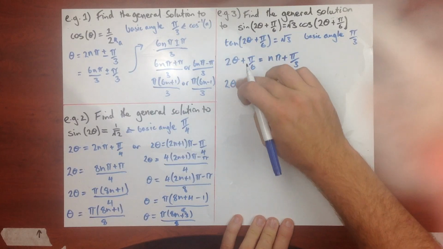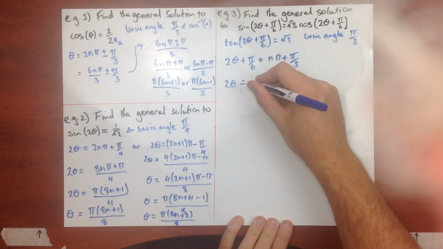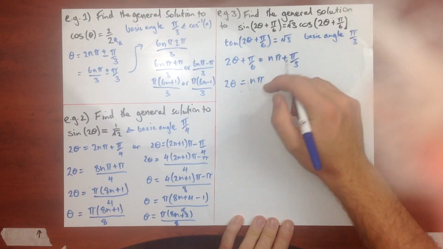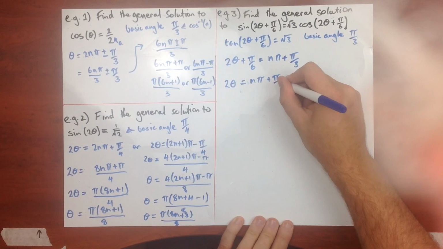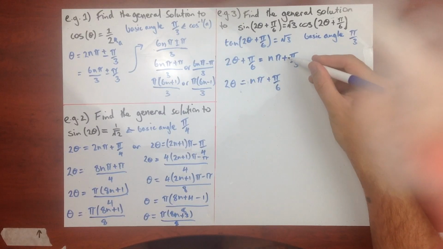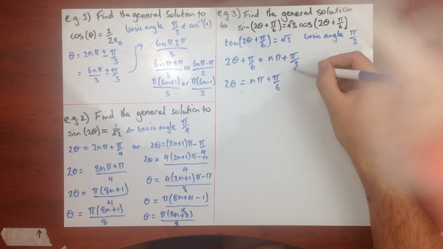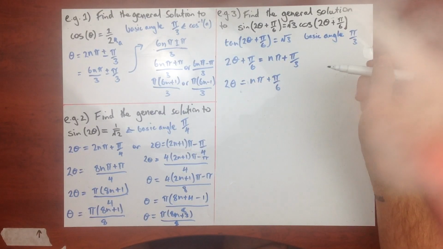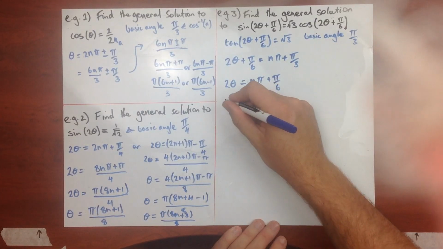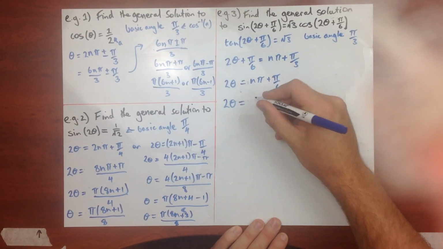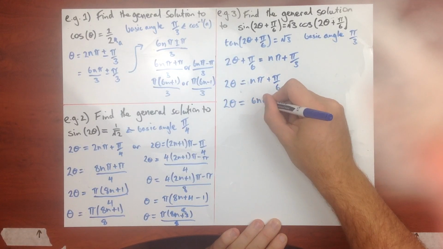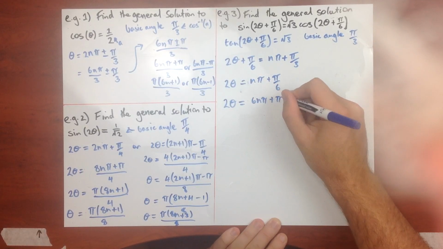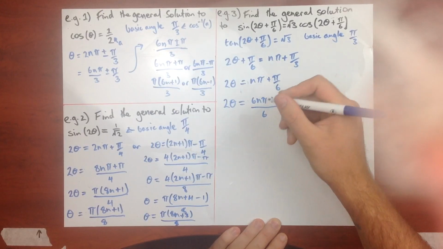So then we can say, well, we've got 2 theta plus pi, actually, we'll just do our 2 theta at the moment, equals n pi plus, we're going to be just pi on 6 now, because this would be 2 pi on 6. Take away a pi on 6 is going to leave us with a pi on 6. So then we can say 2 theta equals 6n pi plus pi all over 6.